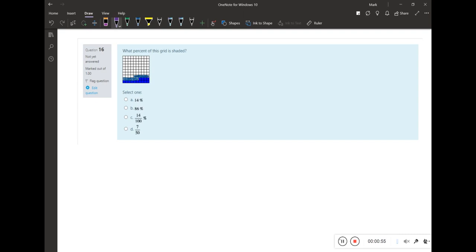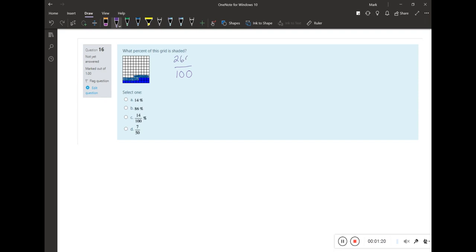If I was going to come up with a fraction that represents this, it's 1, 2, 3, 4, 5, 6, 7, 8, 9, 10 up and 10 across, so there are 100 squares. It's asking what percent of the grid is shaded. I've got 10, 20, 23, 26 out of 100.